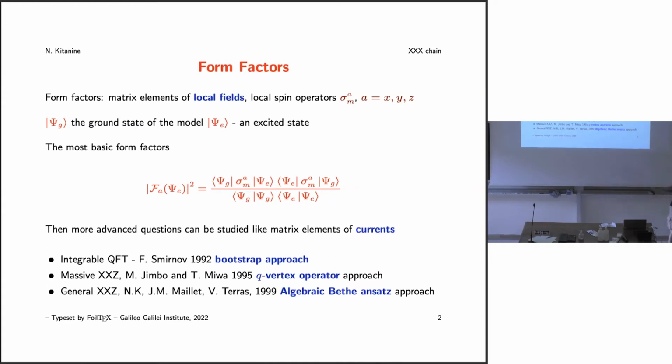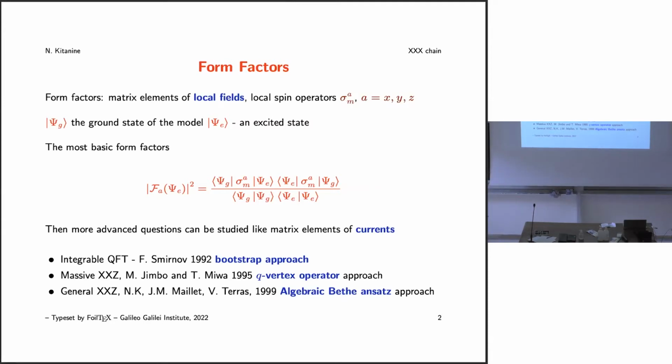It was started by Fedor Smirnov, and then for the massive case of the XXX chain, it was considered by the Kyoto group, by Jimbo and Miwa, and also in the 90s through the q-vertex operator approach. Then we wrote a paper on the algebraic Bethe ansatz approach. I will explain what is new and what we are doing now.